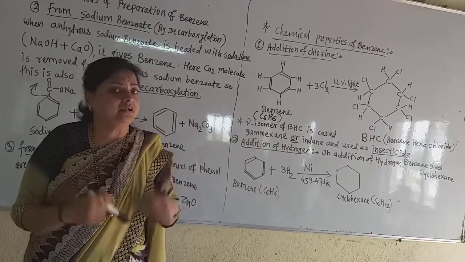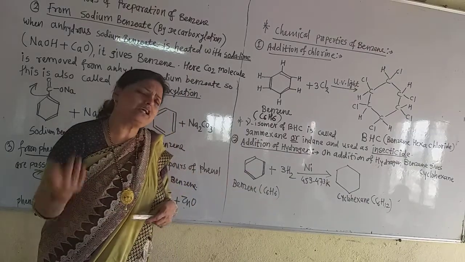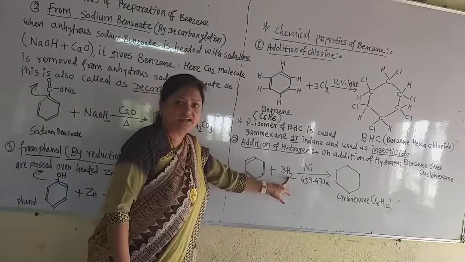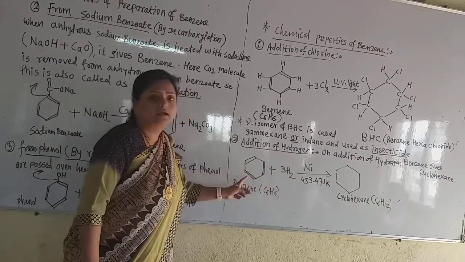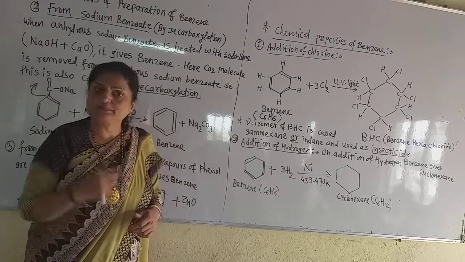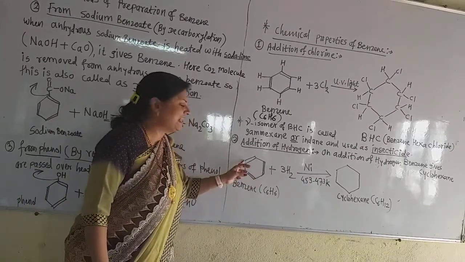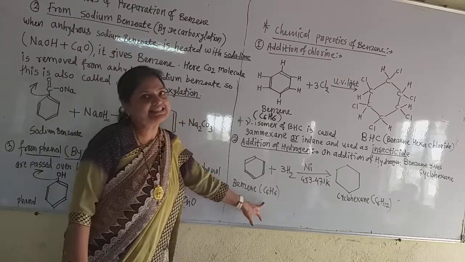Now the second addition is the addition of hydrogen gas. Now here also 3 molecules of hydrogen are required. That means 6 atoms of hydrogen are required, because every double bond adds 2 hydrogen atoms, that is 1 molecule. So as the hydrogen gets attached, benzene has the formula C6H6.